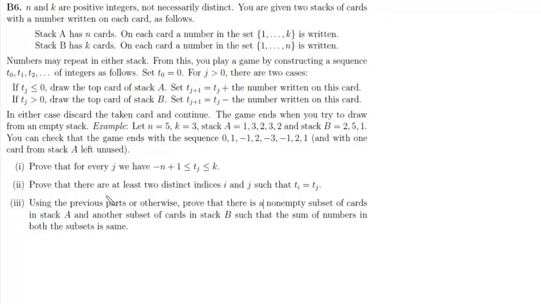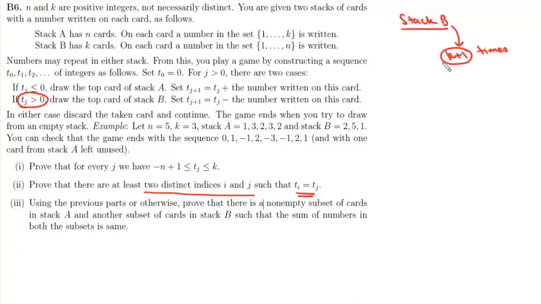Now the second part, we have to prove that there are at least two distinct indices i and j such that ti equals tj. Now for this, we'll consider two cases. Case 1, when we suppose the game ends when we try to draw from stack B. So we have drawn all the cards from stack B. Now since stack B has k cards, we have to try and draw at least k plus 1 times. And we draw from stack B if tj is positive.